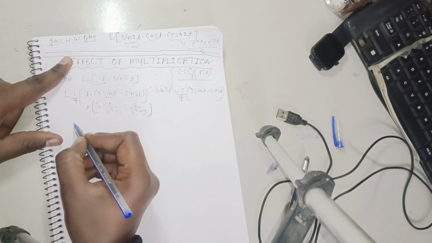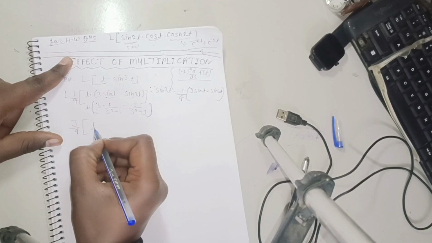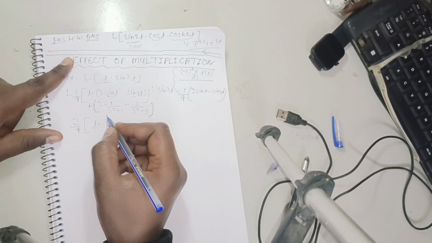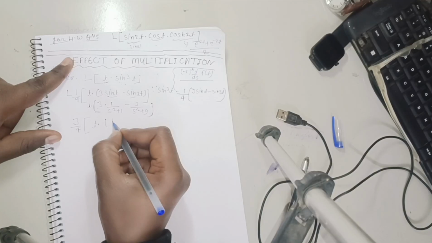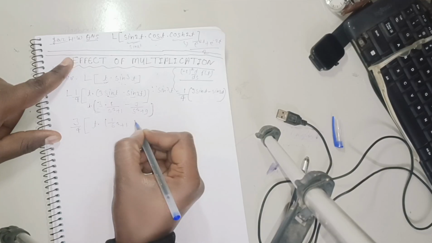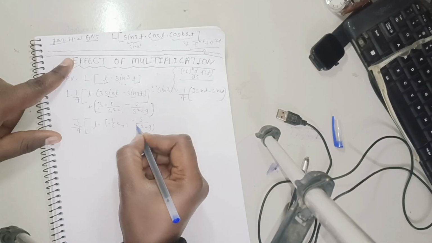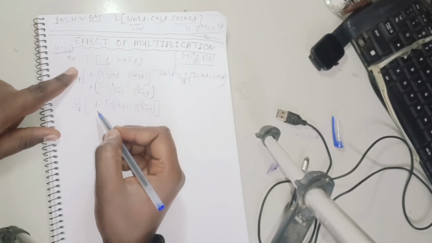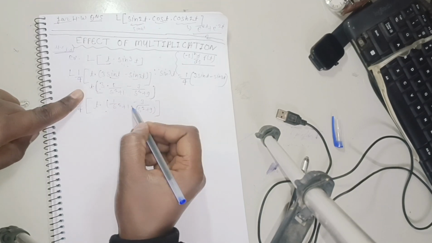Now 3 I can take common, so 3/4 t into (1 upon s square plus 1 minus 3 upon s square plus 9). So now we will use a simple formula.